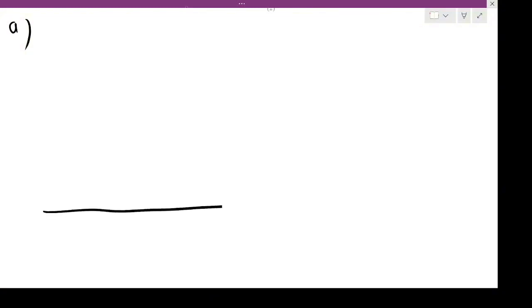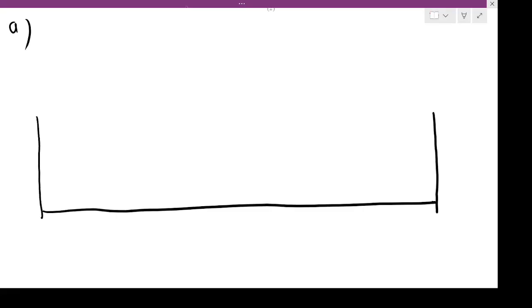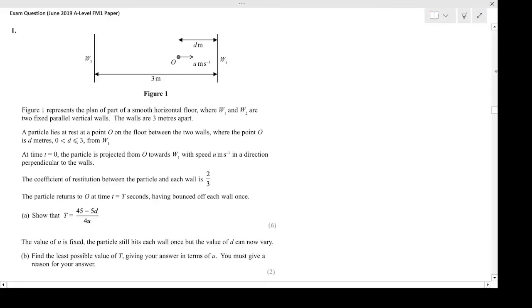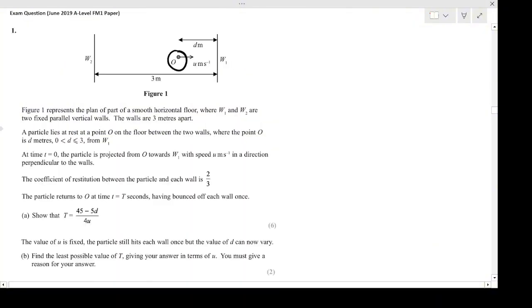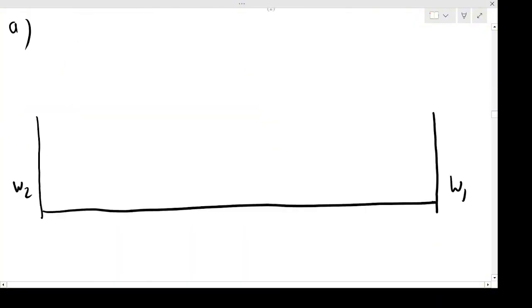So again, I've got this floor and then I've got the two walls. Okay. Wall 1, wall 2. And so I have my particle here, it starts at O. Okay. And then I'm basically just going to do the journey.